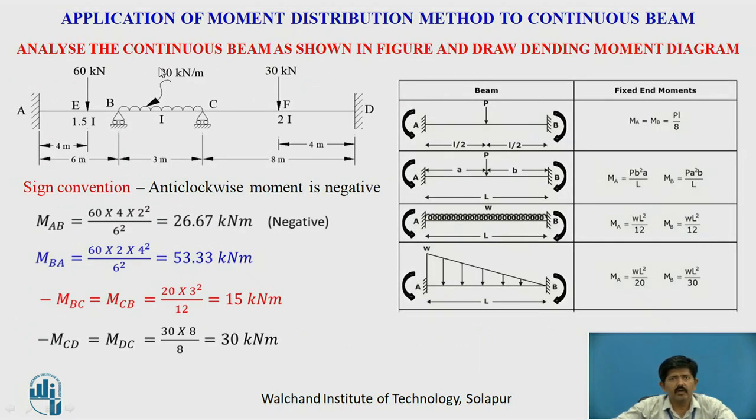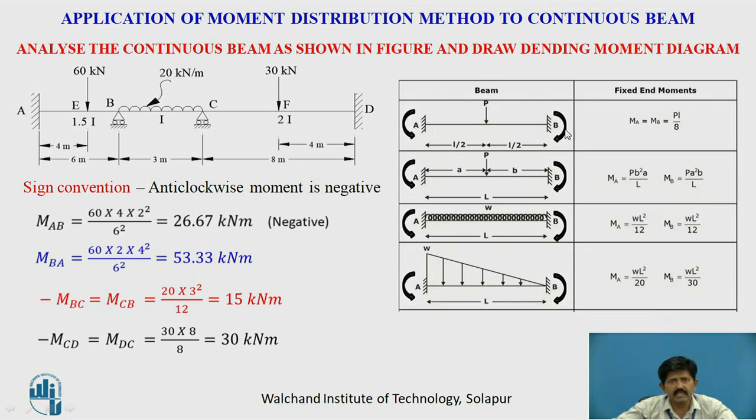Now, here you can see a continuous beam with a fixed end, having different moments of inertia. You can see span AB is having 1.5 I, span BC is having I and span CD is having 2 I. So, the first step is to consider all the spans as fixed and find the fixed end moments.